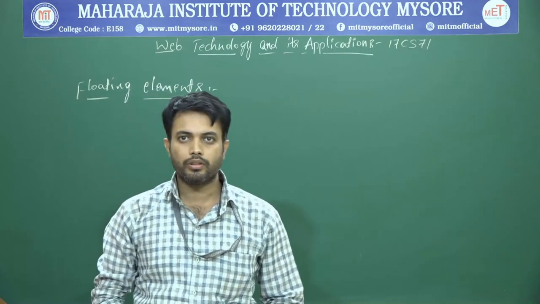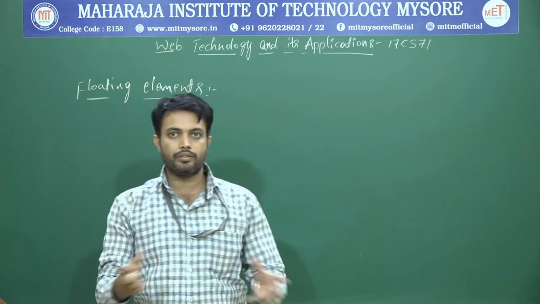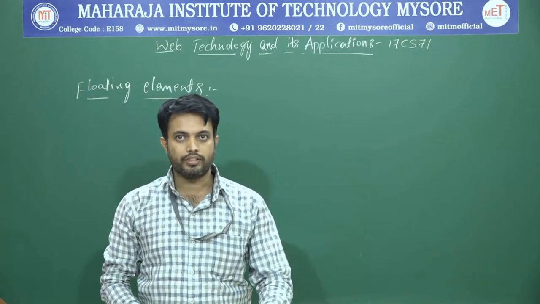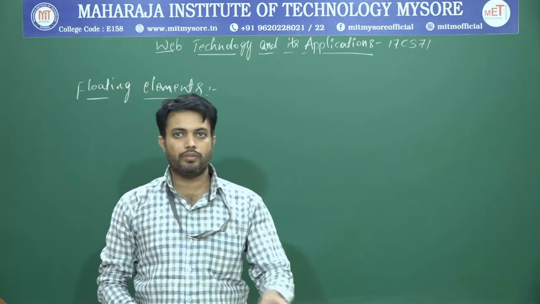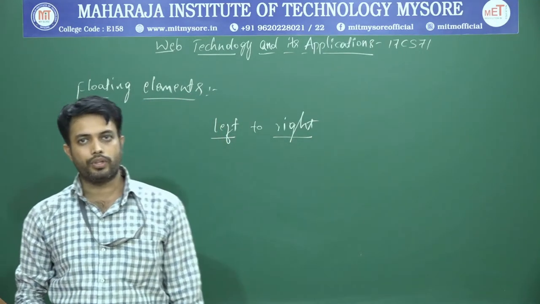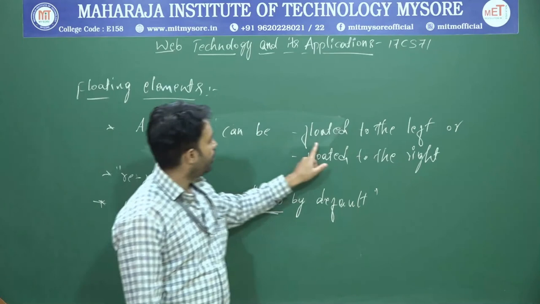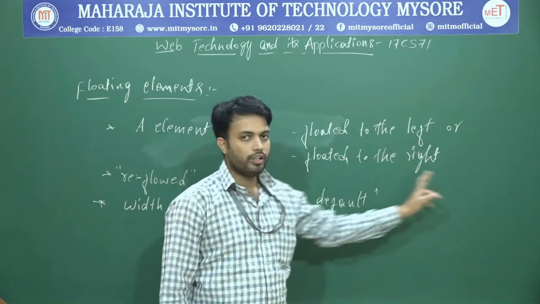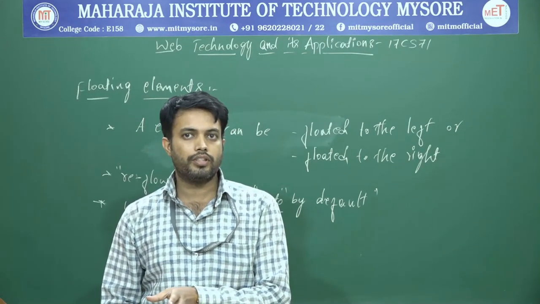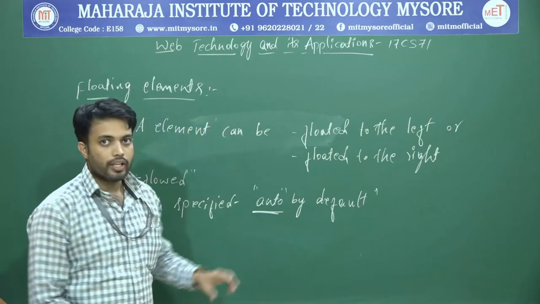You have already observed that on some web pages, when you resize the page, the position of the images or other elements moves from left to right, moving towards left and moving towards right. That is floating. Floating elements are elements that can be floated to the left or to the right. When you resize the web pages, some elements will move towards left or towards right. That is what we call floating elements.